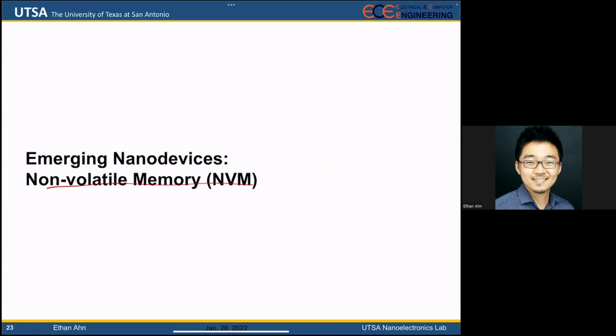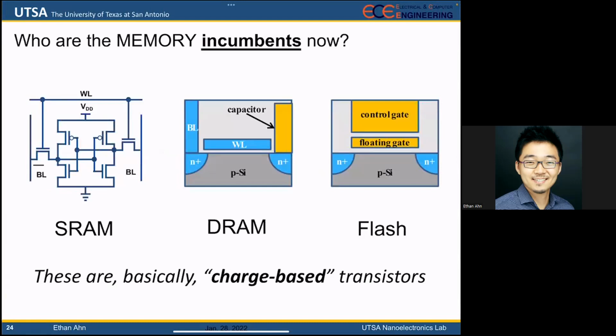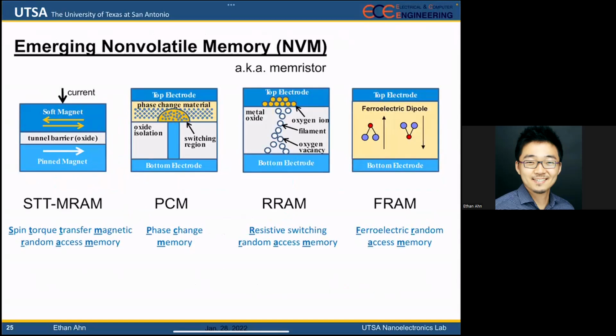When it comes to memory, you probably already know this. We have SRAM, DRAM, and flash in your computer right now, and they are basically charge-based transistors. When it comes to emerging technology, these are, I believe, the candidates that people like to research a lot right now.